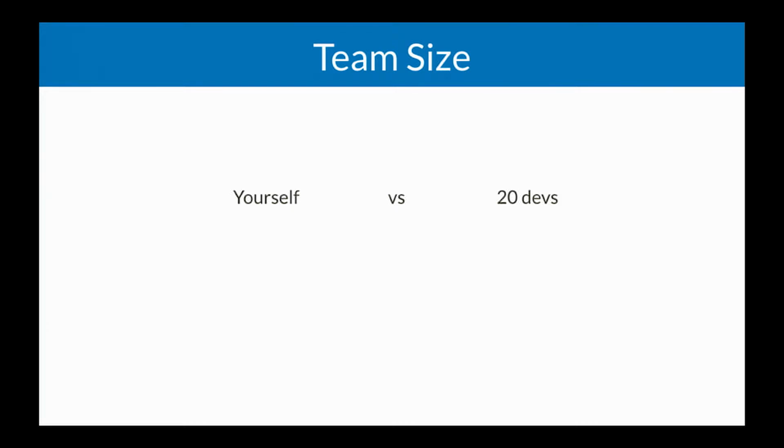Team size, if it's yourself versus 20 devs. Although I still debate that it's not like an absolute. Like you can be by yourself. Like I write even pet projects, I document them quite thoroughly because I just enjoy doing it. I know I'm crazy. I enjoy writing documentation. But the thing is, if you have 20 devs, of course documentation is useful, otherwise everybody will be asking you questions all the time.